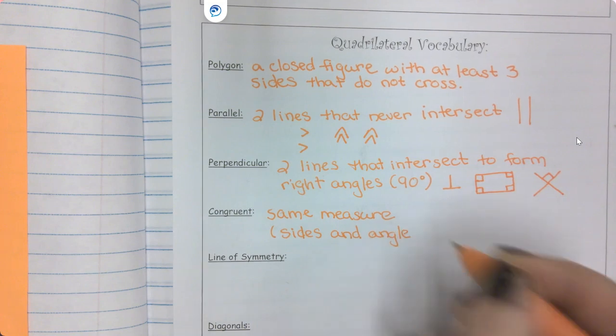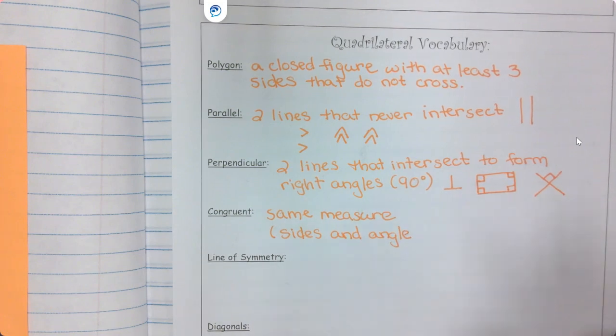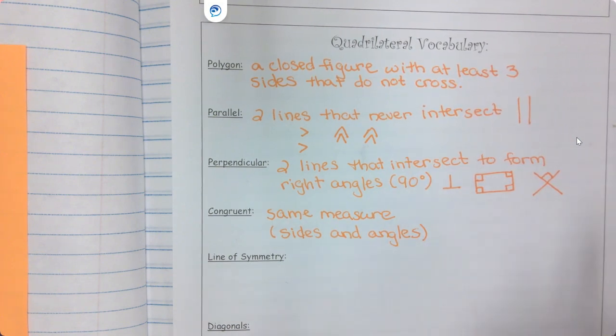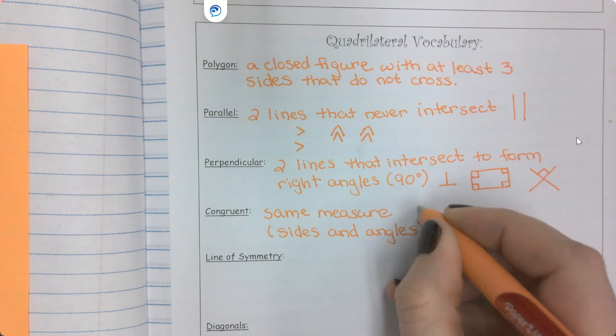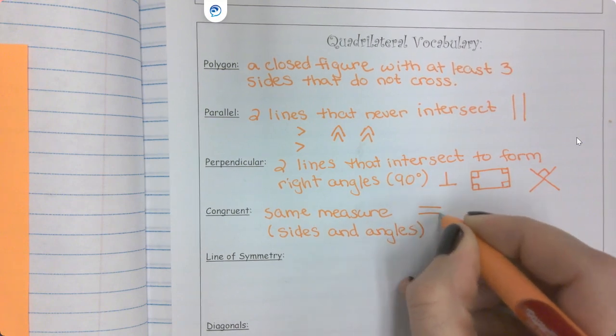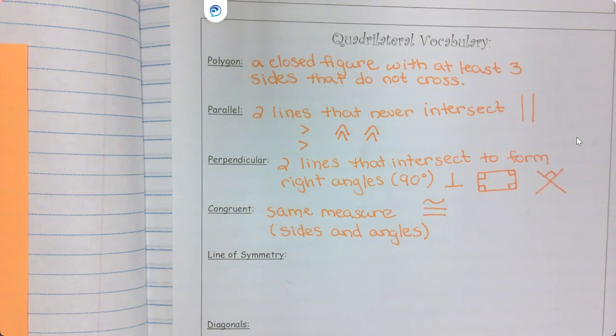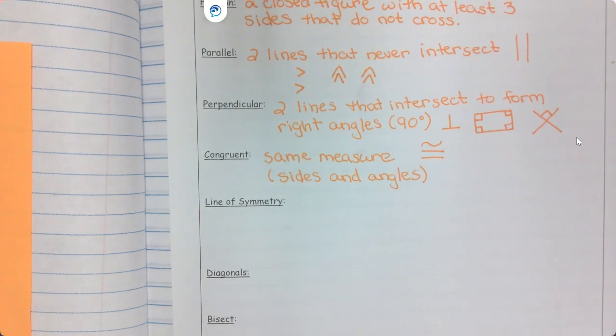If they're congruent in their angles, they have the same degree measure. If they're sides, they have the same length. And the symbol again for congruency is that equal sign with a squiggle above it. So that means "is congruent to," if you see it written in a statement.